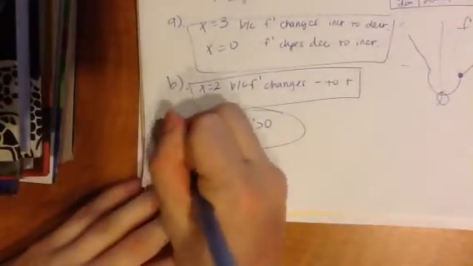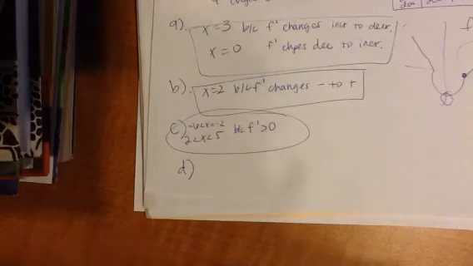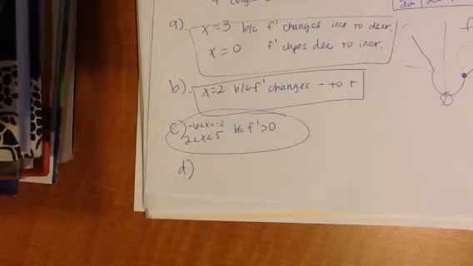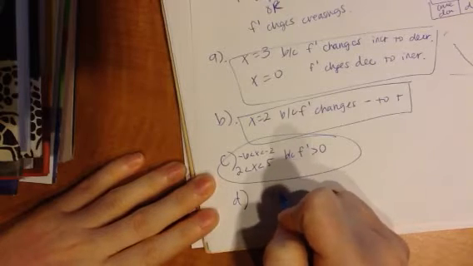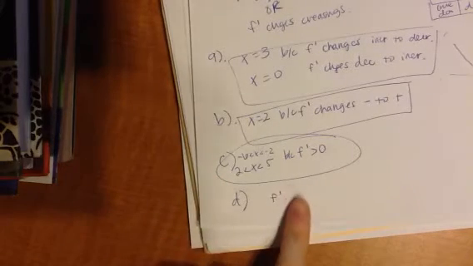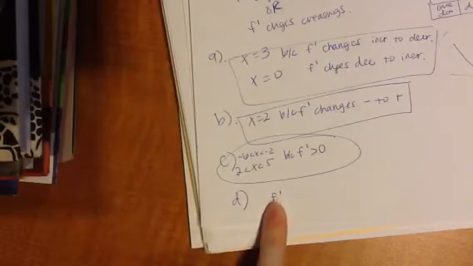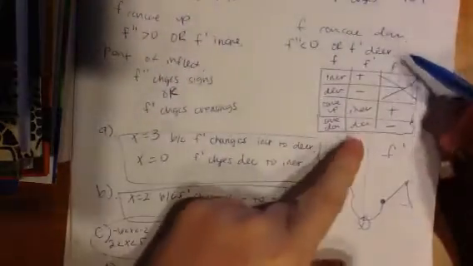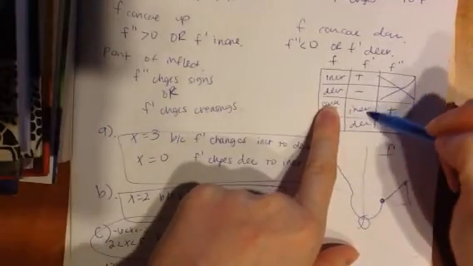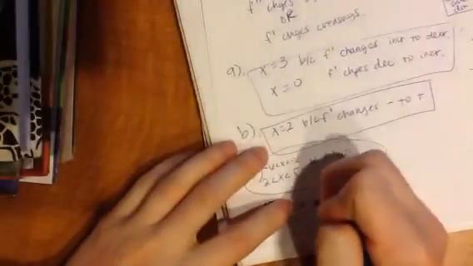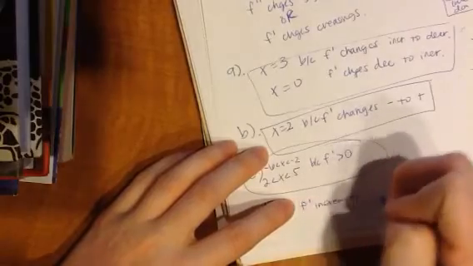D, where is f both concave up and decreasing? So let's think, concave up would mean f prime, not f prime is positive, because f prime positive means increasing, so let's go to our table. Concave up means that f prime is increasing.